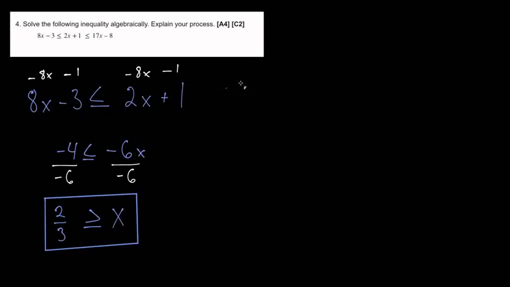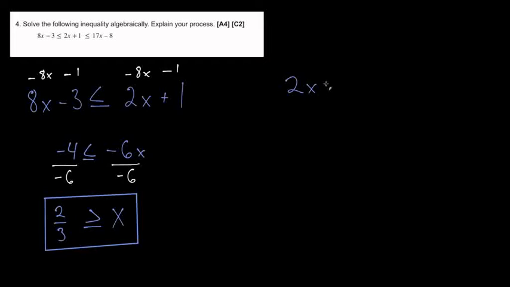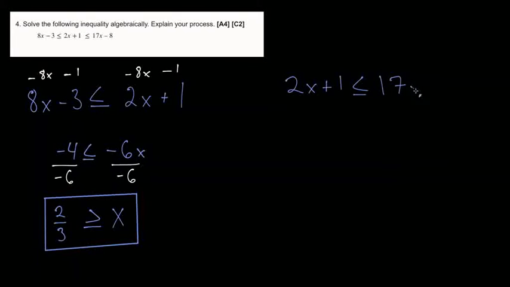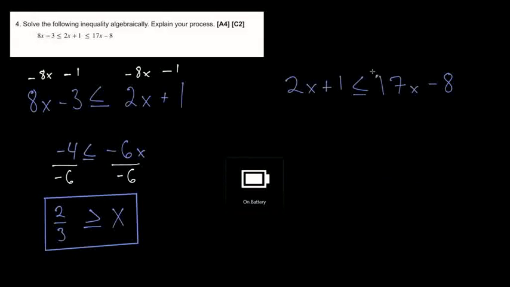Okay, so let's look at the other side of the inequality. 2x plus 1 less than or equal to 17x minus 8. Okay, same deal, but a little different.